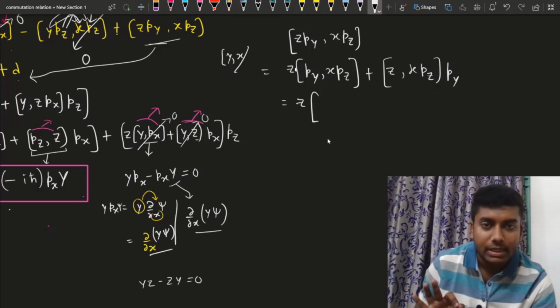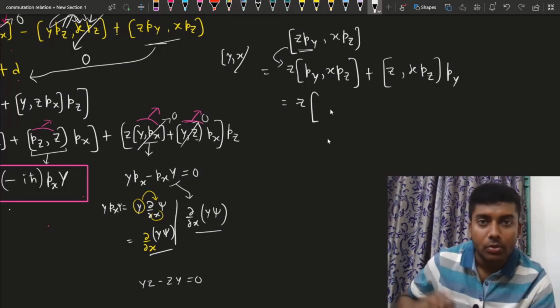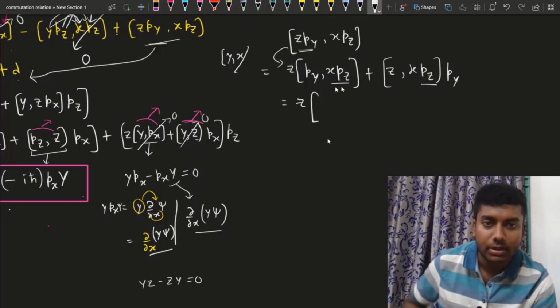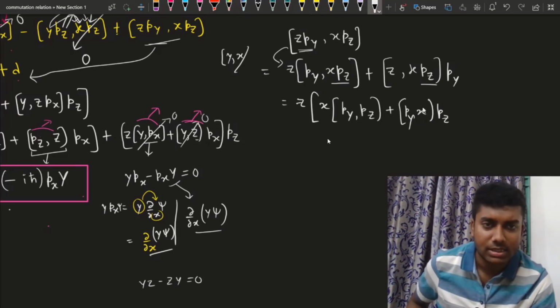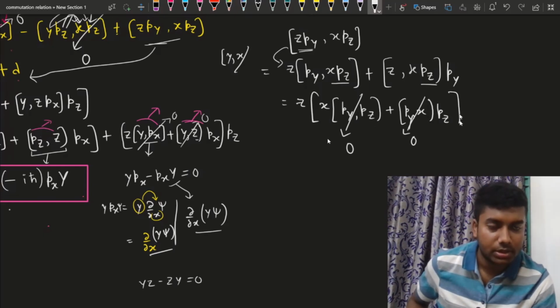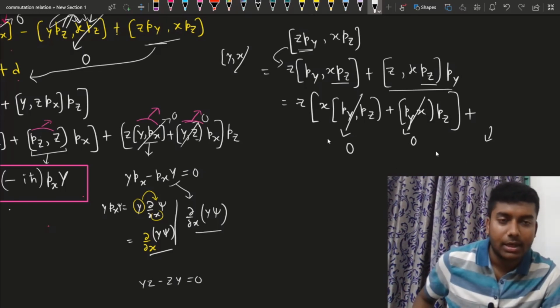We can split it like this, just breaking this thing, and now we'll break this and this thing separately. This will just be equal to x into py. You can easily understand that this term will also vanish and this term will also vanish. Now this is finished. Now this total term, I am writing this in the second line.